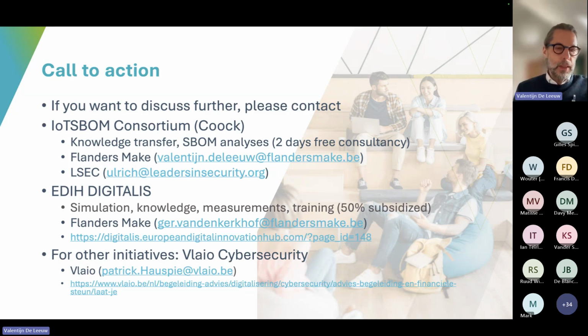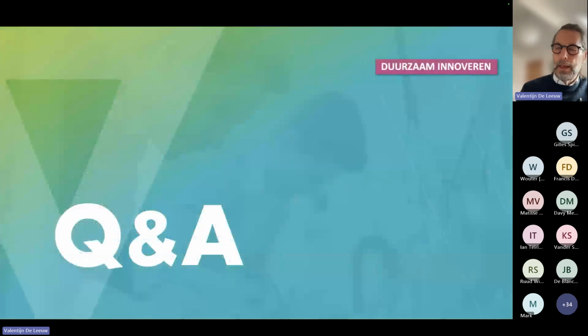We're also participating in the European Digital Information Hub Digitalis, and the two actually work together so that we can provide you a total package where we can look at cloud security, on-premise security, software security, and also connectivity security. So that's what we can bring, and therewith we're open for questions.